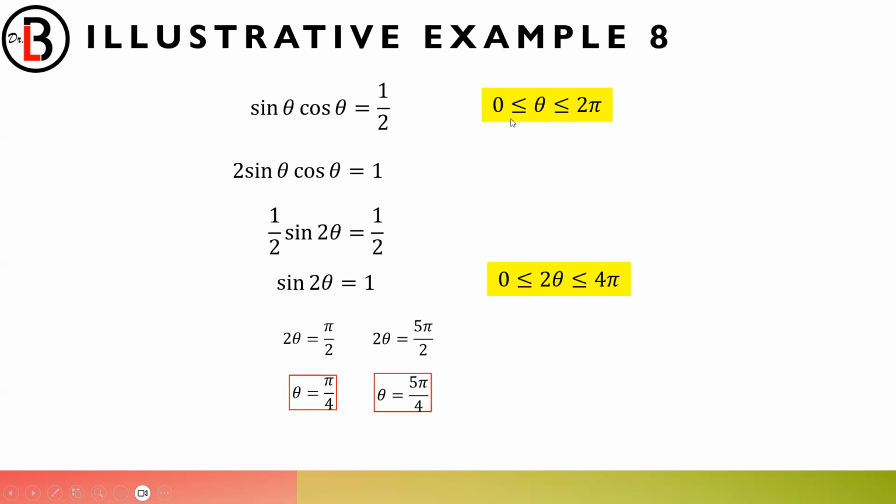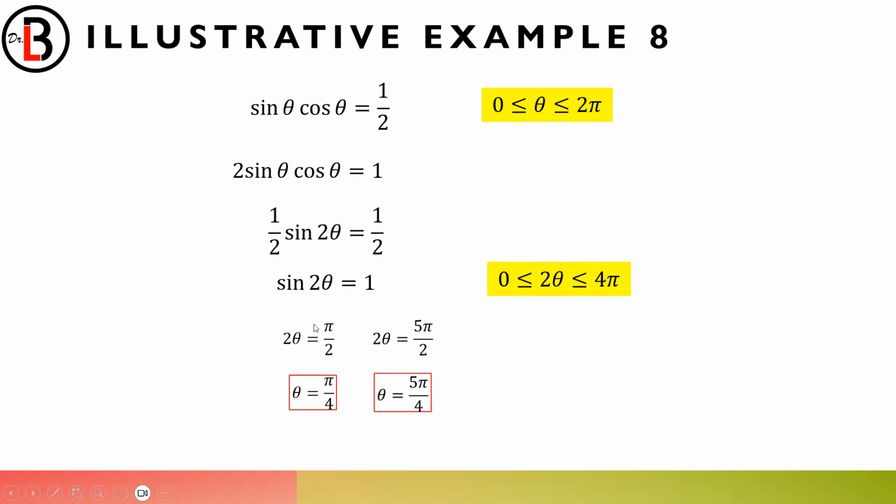However, originally, if it's simply a function of theta, it should be from 0 to 360 degrees. However, since it's a function of 2 theta, the domain would be from 0 up to 2 times 2 pi, or 720 degrees.